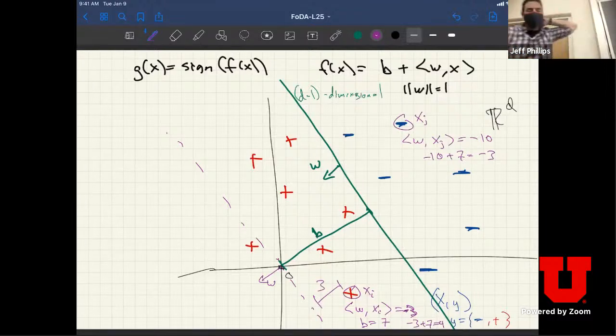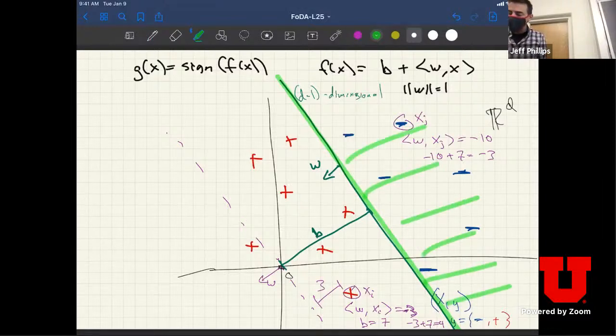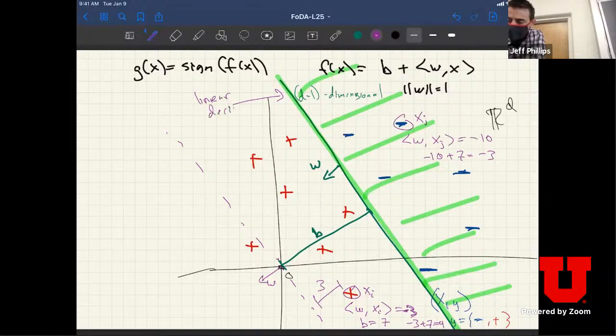This gives me the dividing line, that thick green line here, which divides the region where that function is going to predict negative. Over here, it's predicting negative in the shaded region, and everywhere else is positive. So this is what a linear function gives me, a linear decision boundary.